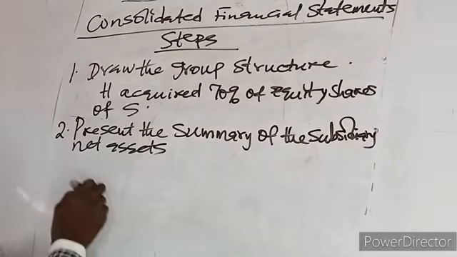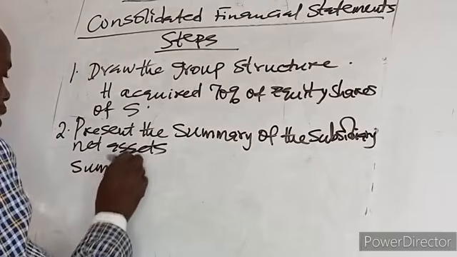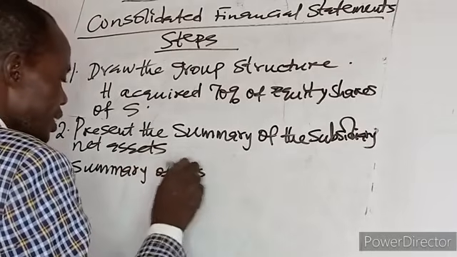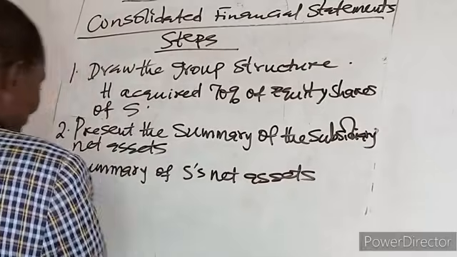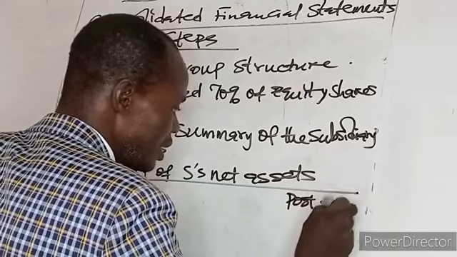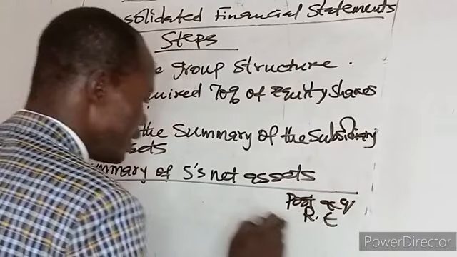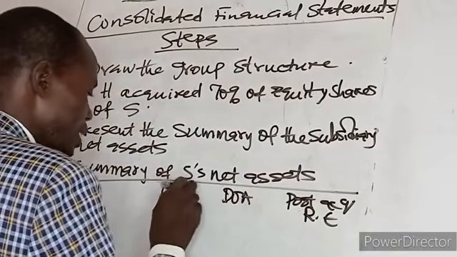So you can have the summary of S net assets. You can have post-acquisition retained earnings, then the date of acquisition, then the date of consolidation.